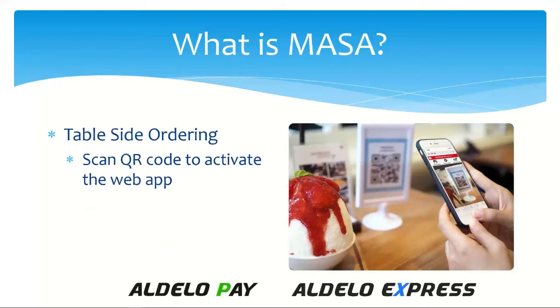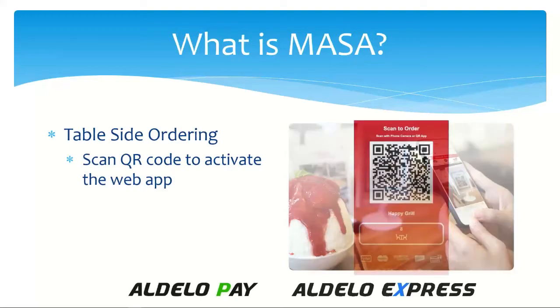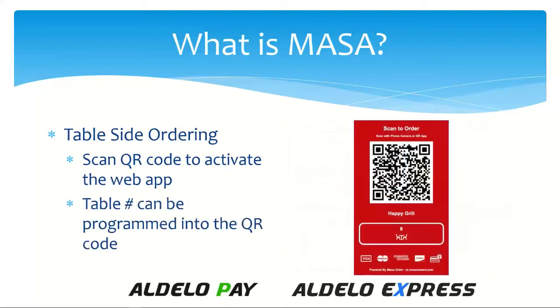For table-side ordering, you can put a QR code on the actual table that has the table number included in the QR code. So this allows table-side ordering instead of a kiosk terminal. You can have now just a barcode on the table for them to scan.